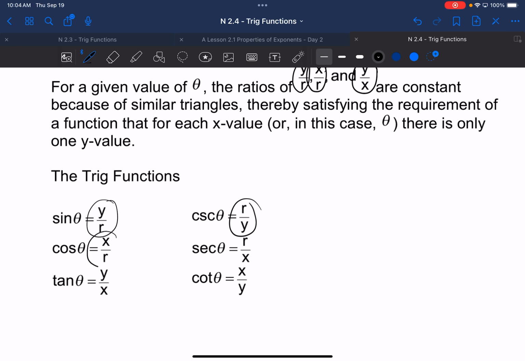Cosine used to be adjacent over hypotenuse, is now x over r, because x is the adjacent side and r is the hypotenuse. And remember, secant is its reciprocal, so it's r over x. And the same is true about tangent and cotangent. Tangent's y over x, so cotangent is x over y. All right, so still the same ratios, we're just using different letters in those places. All right? Okay, so flip it over on the back.